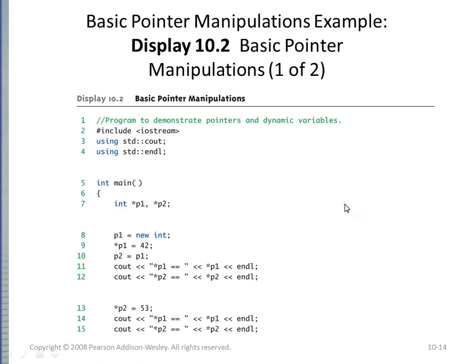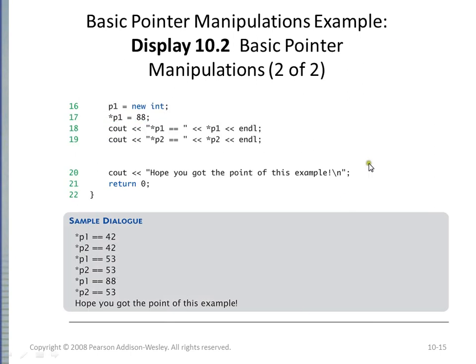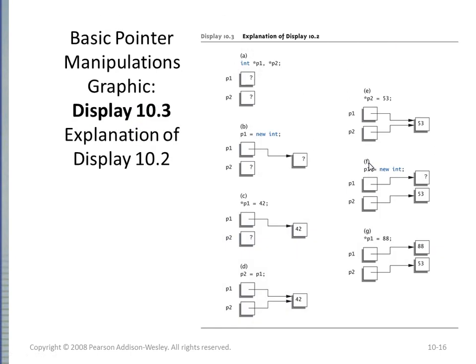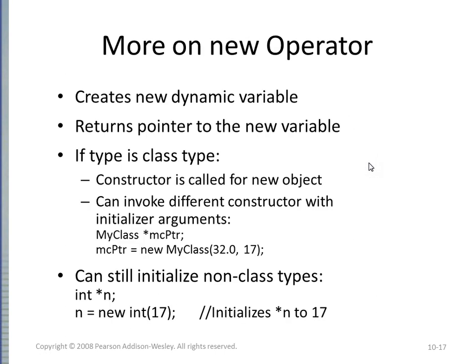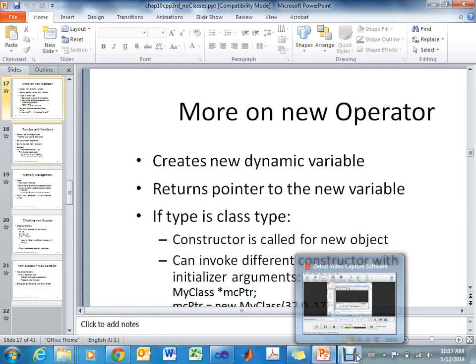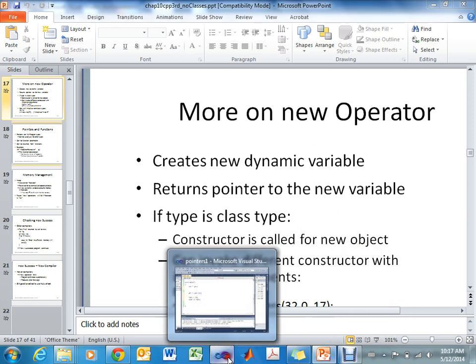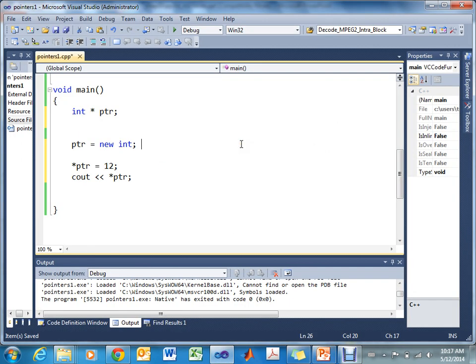I think this example is very similar to what we have done, and this is an illustration. One last point, but we're running out of time. When you create the new integer, it's optional to give it an initial value. So in this case, we don't need to give it an initial value.